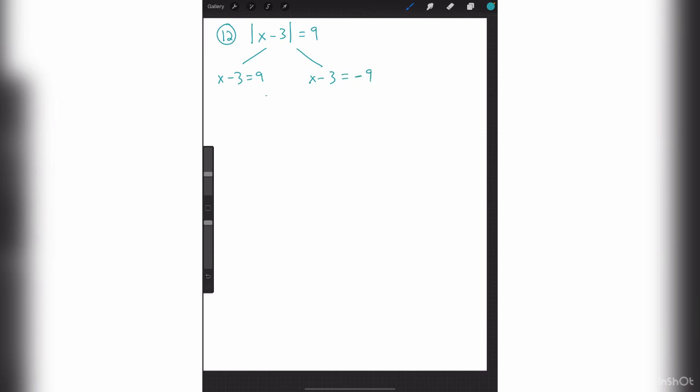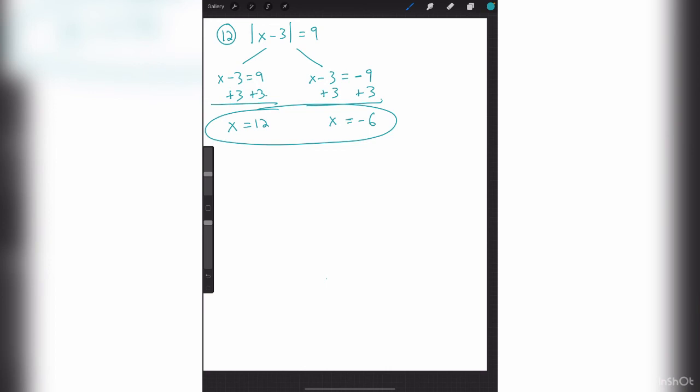Okay, so I'm going to go ahead and add 3 on each side. I'll focus on this one first, and I get x is equal to 12. Whoa. x is equal to 12. And then I'm going to add 3 on each side over here. Negative 9 plus 3 is equal to negative 6. So both of these would work. I'm just going to circle them. So x equals 12, x equals negative 6.